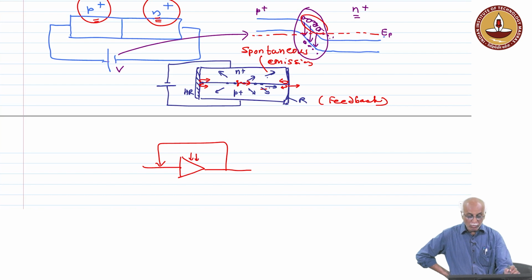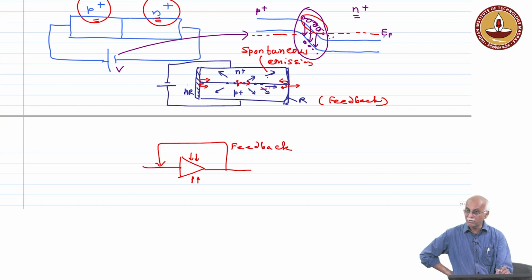Pumping here is the applied voltage and dopant characteristics, and that will decide the gain and the number of photons provided back in the feedback cavity. So, feedback here is based on the mirror coating.